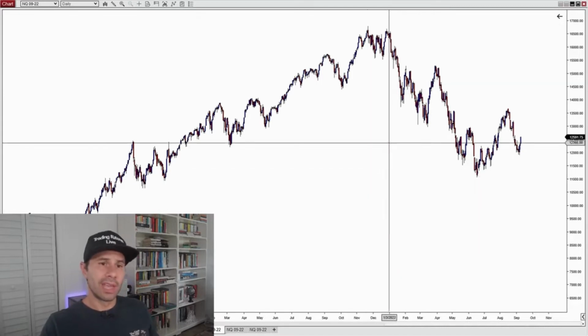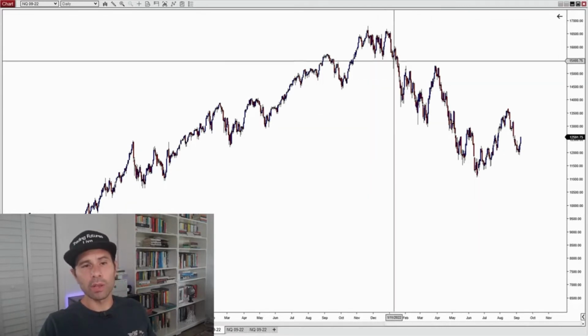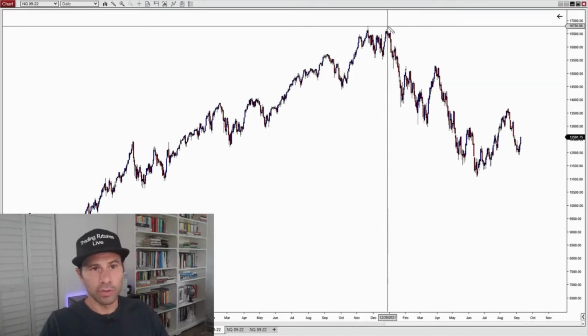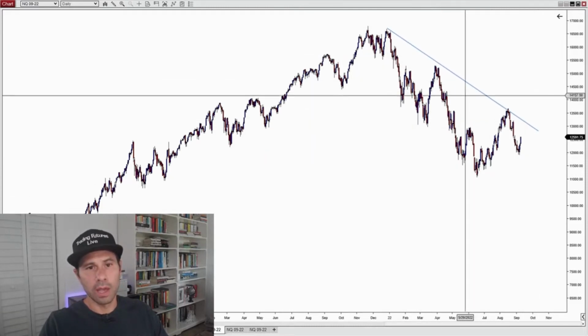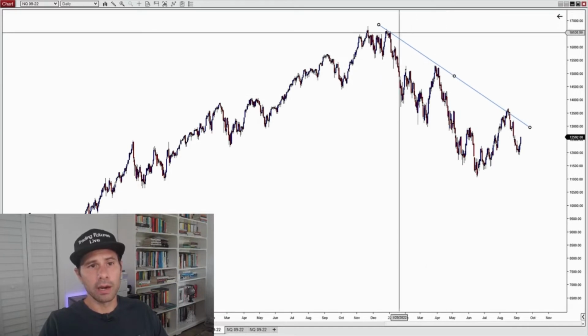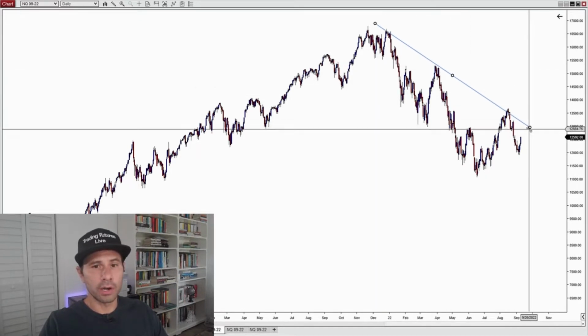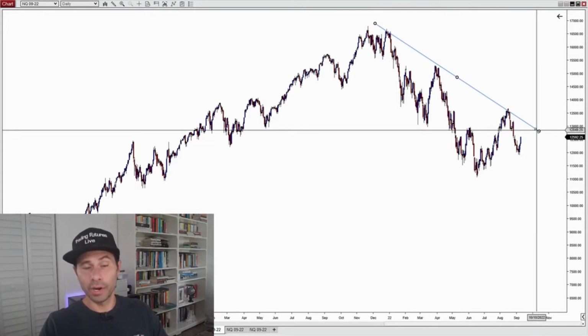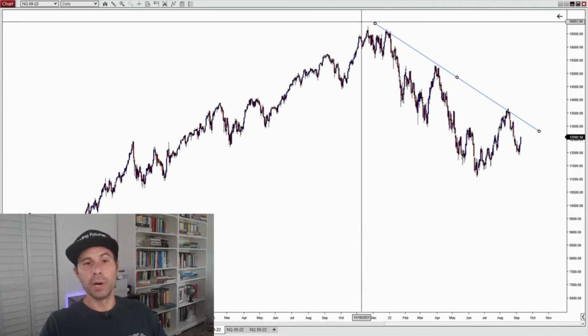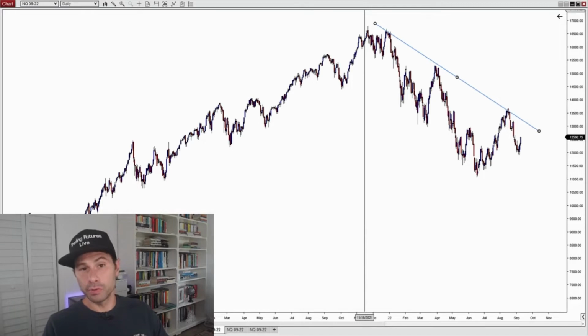But for instance, if we have a downtrend, I would like to connect the highs. So this is the downtrend that started in December for the NQ, and I don't think trend lines are things influencing the market, but other traders use them the same way I use them.